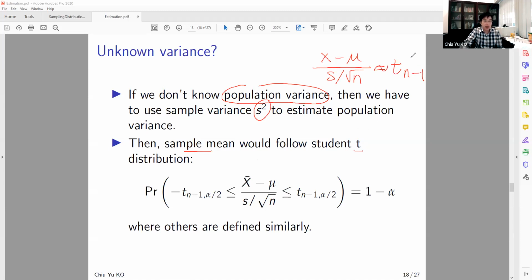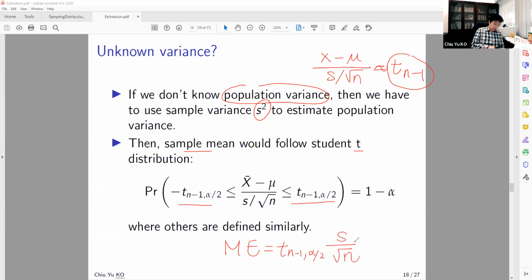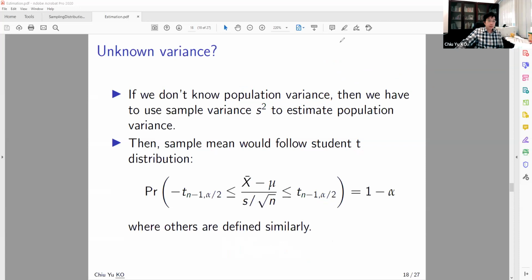Do note that it's T n minus 1. So you have the same idea here, but the margin of error will be t n minus 1, alpha over 2, times S over root n. That is what we saw in the next slide.